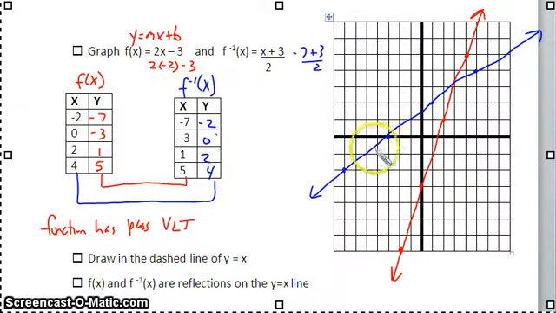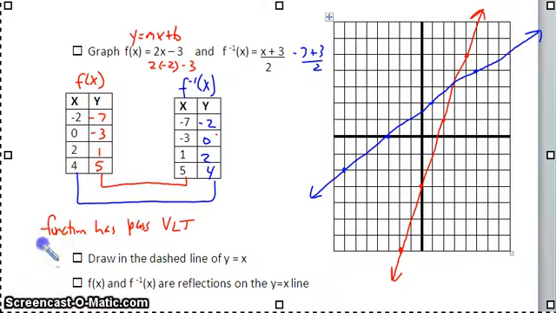But if I didn't have this blue graph here, could you tell me whether or not the inverse would be a function without seeing the graph? Yes. All you have to do is see the graph of the function. Instead of applying the vertical line test, I'm going to apply the horizontal line test.